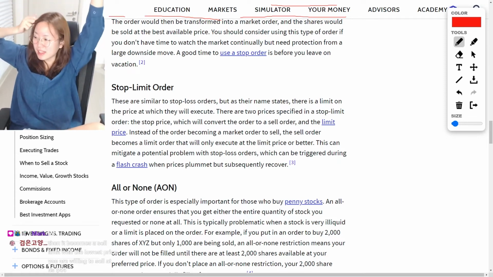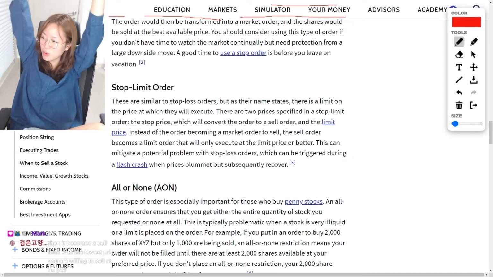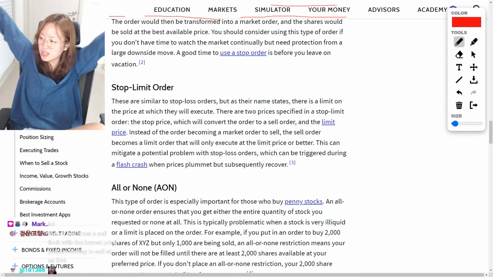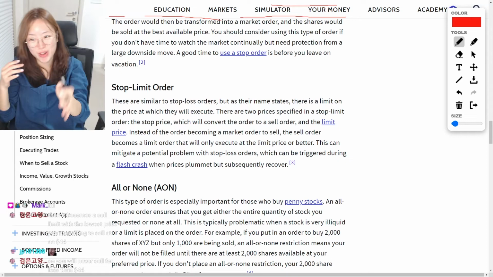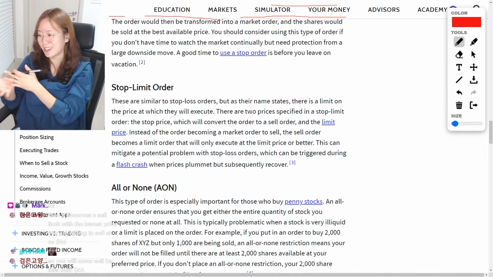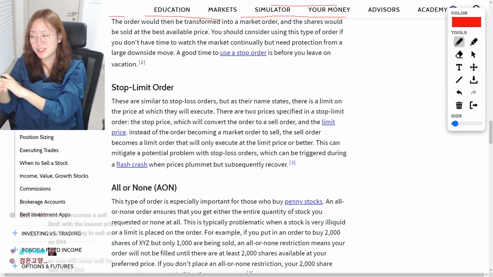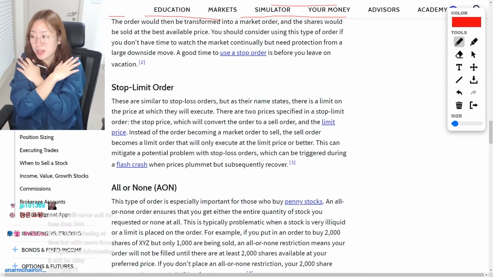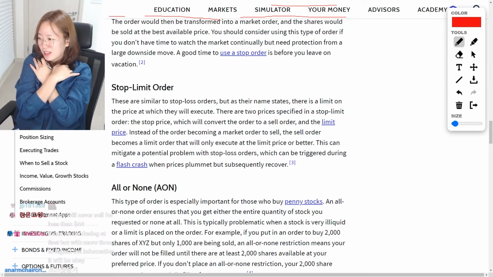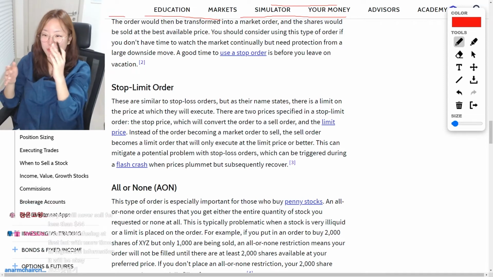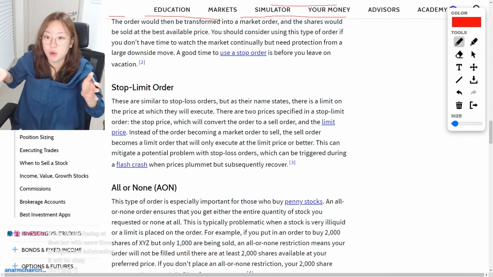And it becomes a sell limit with the lowest price you are willing to sell at. So at 45, before 45 it's dead. It's a zombie. It's sleeping. And then at 45 it wakes up, like, holy shizzle.